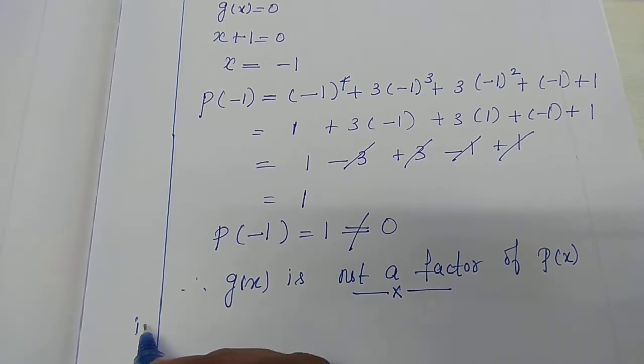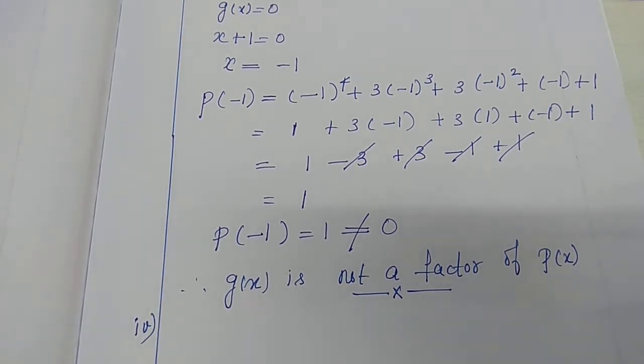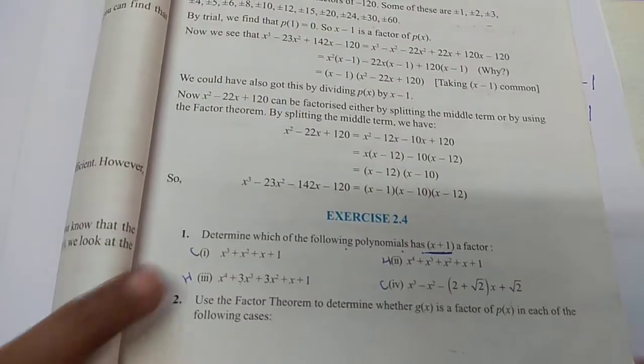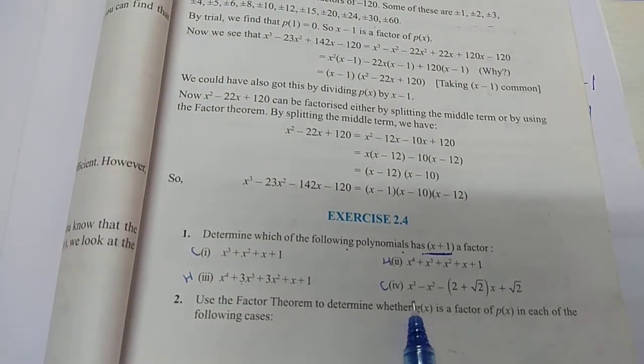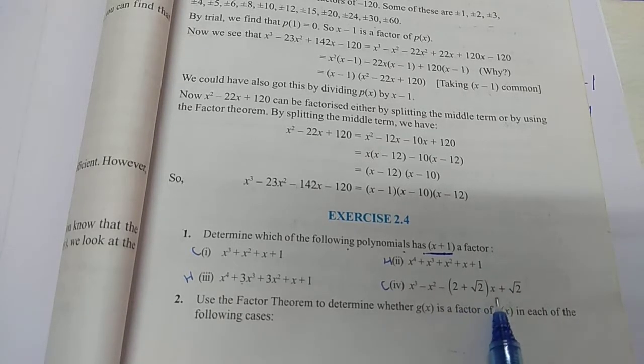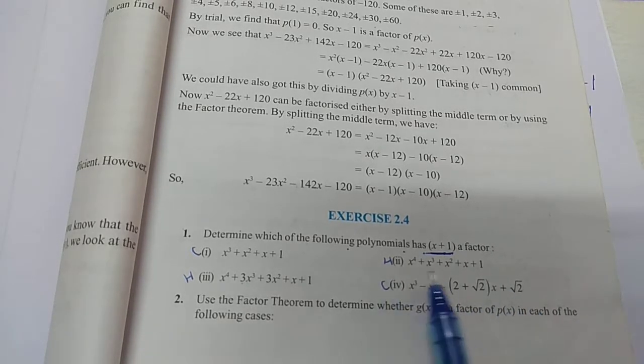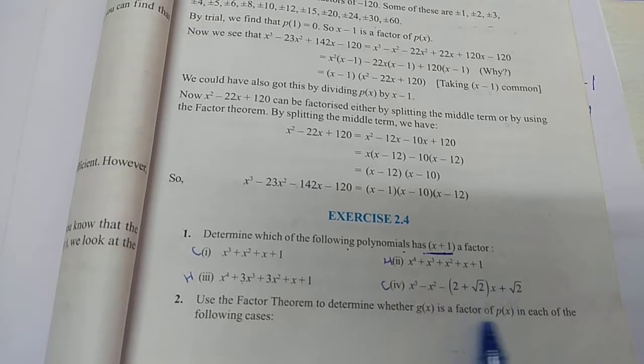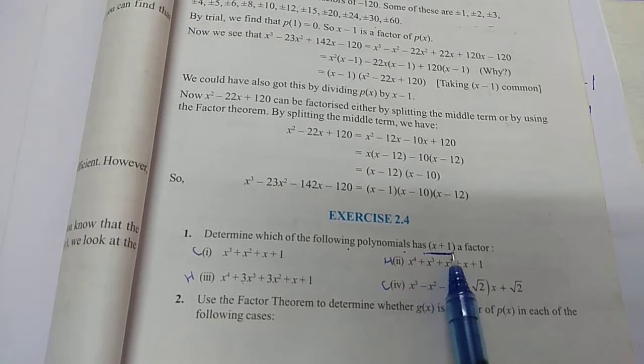So now do division number 4. So division number 4 question is x cube minus x square minus 2 plus root 2 x plus root 2. Write this polynomial as p of x, this as g of x.